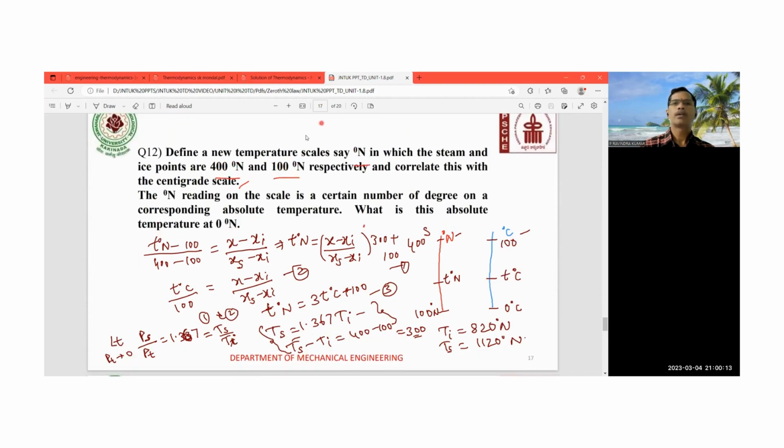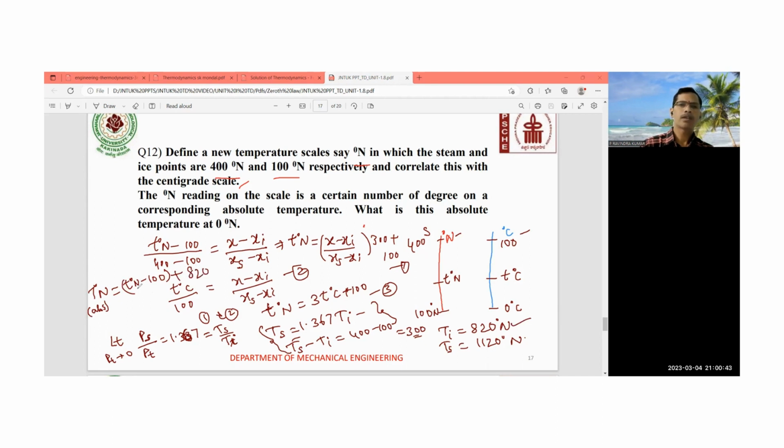Then from this side, another relation. So what is that here? The capital T degree N absolute, this is what you need to calculate. The absolute is equal to small t degree N minus 100 plus the ice point, that is 820.